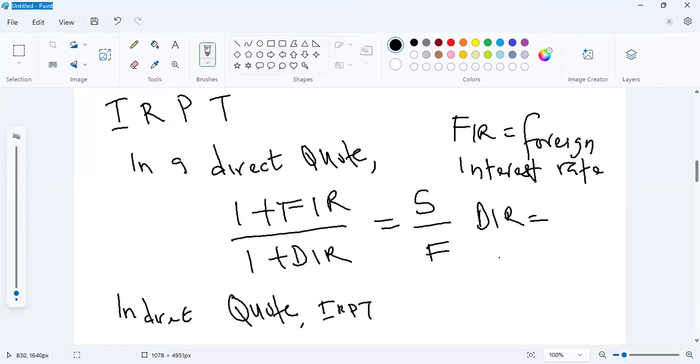DIR is equal to domestic interest rates.